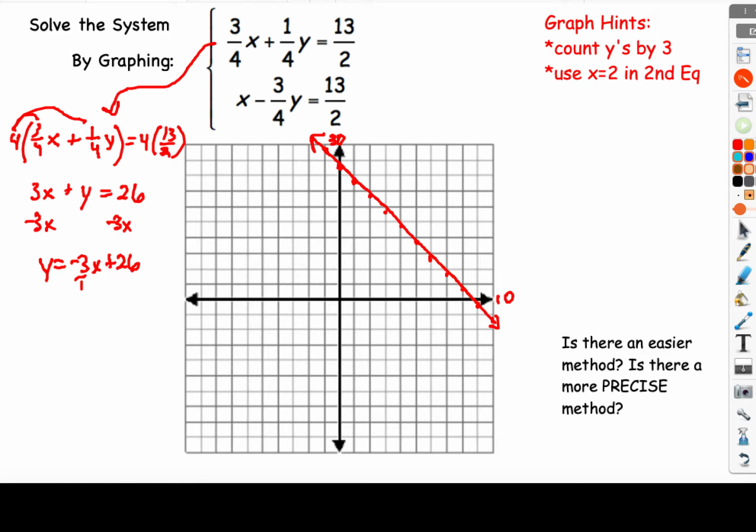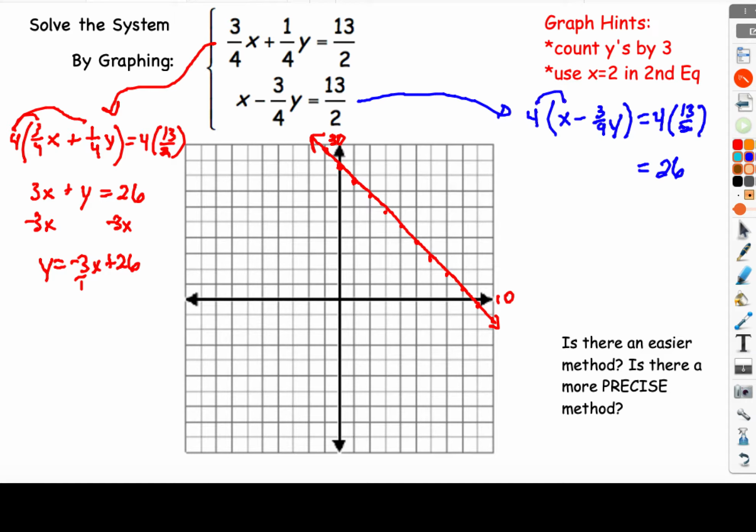Now let's take our second equation and do the same thing, looking at those common denominators. I'm going to take 4 times x minus 3/4 y, and 4 multiplied by the right side as well, which we already know is 26 because that's the same 13/2 we had in the first equation.